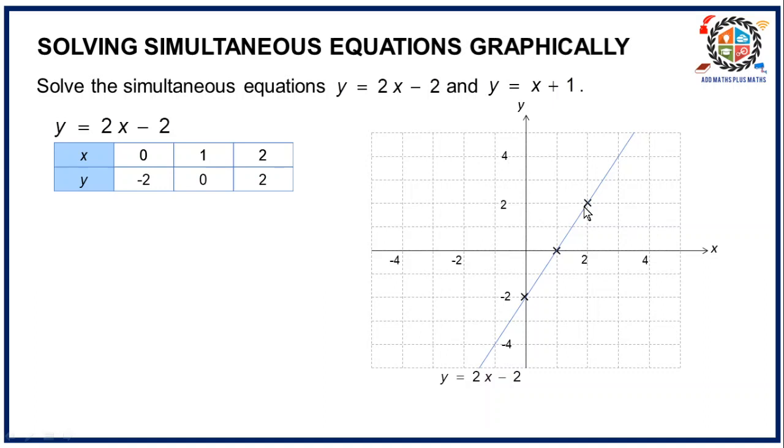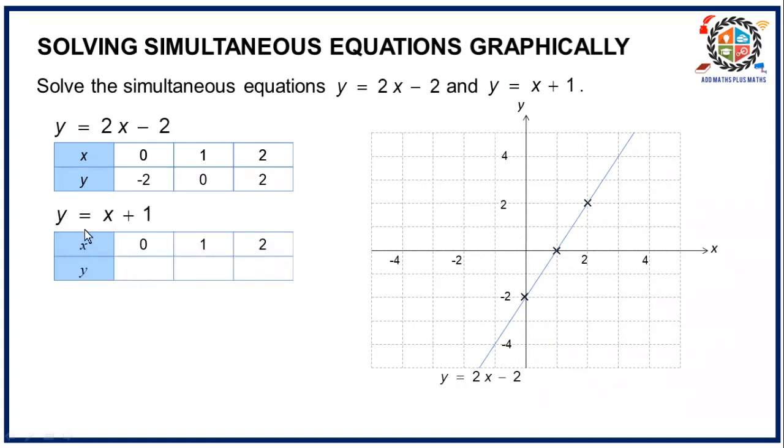I have the graph of the line y is equal to 2x minus 2 over here. Next, let's try to graph y is equal to x plus 1. Let's represent again x as 0, 1, and 2. If it is 0, 0 plus 1 is 1.